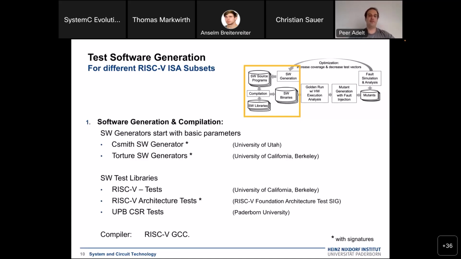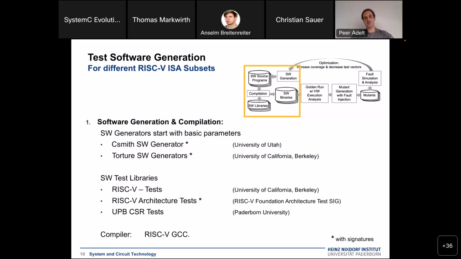I'm not sure if any one of you knows it. It's a C code generator from the University of Utah, and it's meant primarily for compiler testing. So you can basically run the same software in different compilers and check whether, for example, GCC behaves differently than LLVM. This is one of the generators that we use.